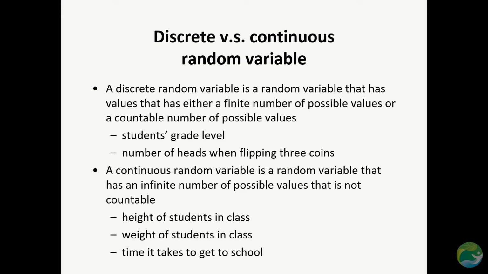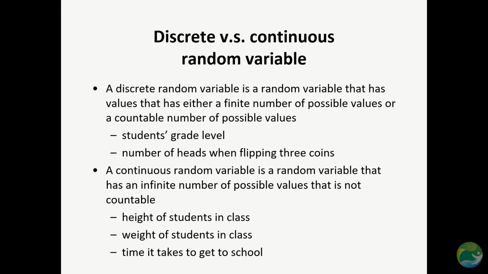A continuous random variable is a random variable that has an infinite number of possible outcomes that is not countable. For example, the height of the students in the class.